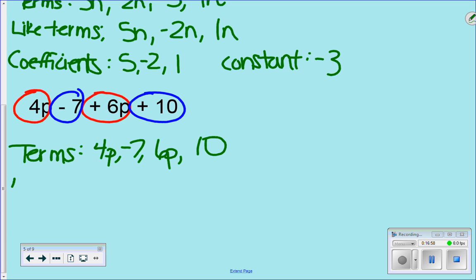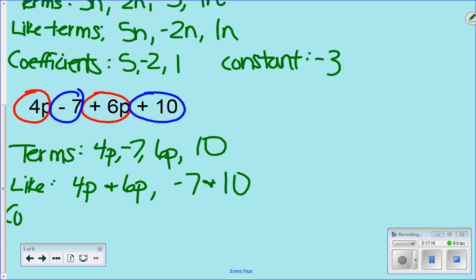And then my like terms, that's easy. 4p and 6p, and what else? -7 and 10. See how they're all like terms? Those are the ones I put together if I could. Coefficients.